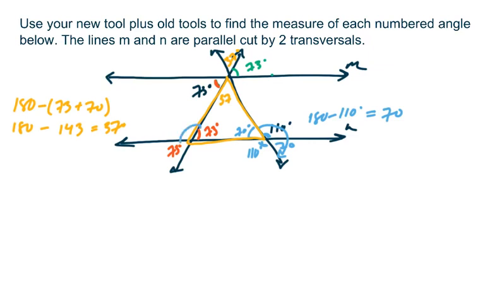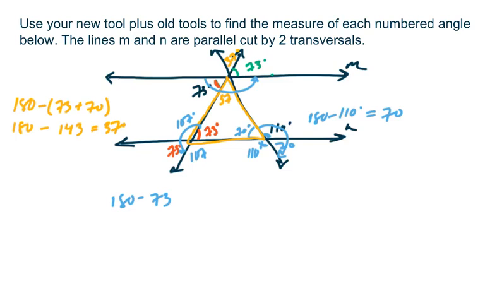Remember, from here to here has to be 180. So I'm thinking 180 minus 73, and we would get good old 107. So if that's 107, that's 107 vertical angles. And then I know from here all the way over here has to be 180, but I already have two of them.